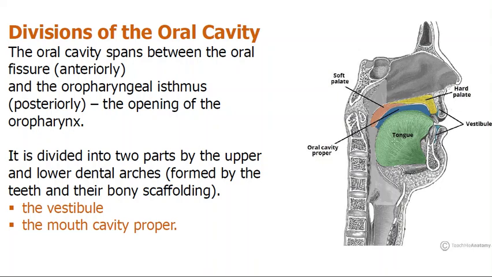Now, the oropharyngeal isthmus can be delineated by the following points. First, we have the soft palate at the top, superior, and on each side laterally we have what are called the palatoglossal folds, which are the same as the anterior folds of the tonsillar bed, also called the anterior pillar of the tonsil.